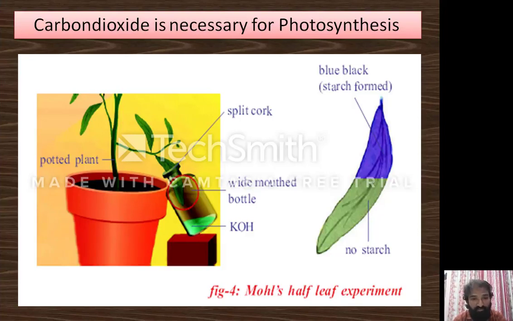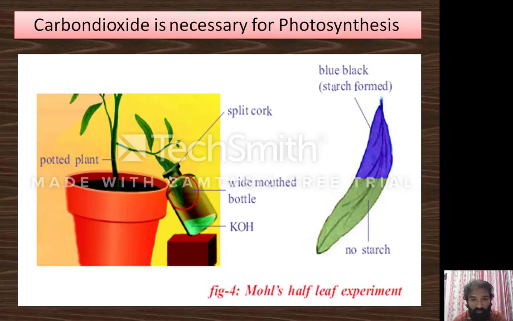After keeping the two potted plants in dark conditions for 3 days, take pot A and take one leaf. That leaf is carefully inserted into the bottle and fitted with the split cork.